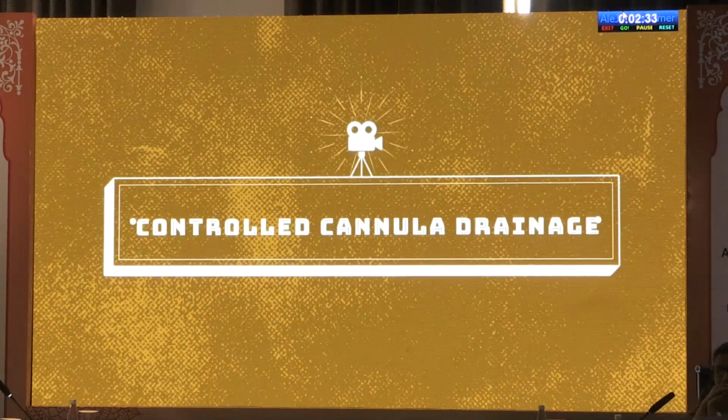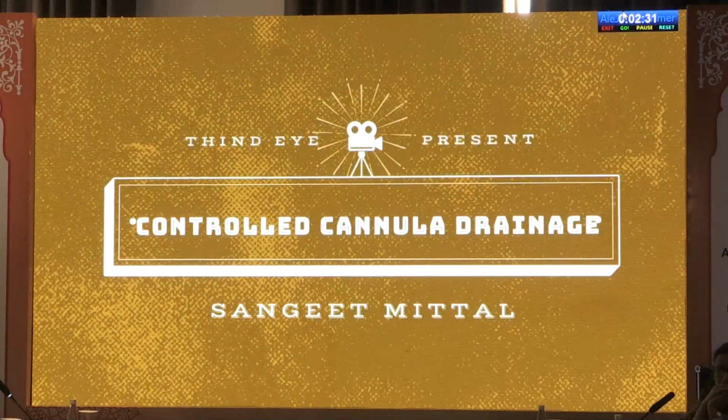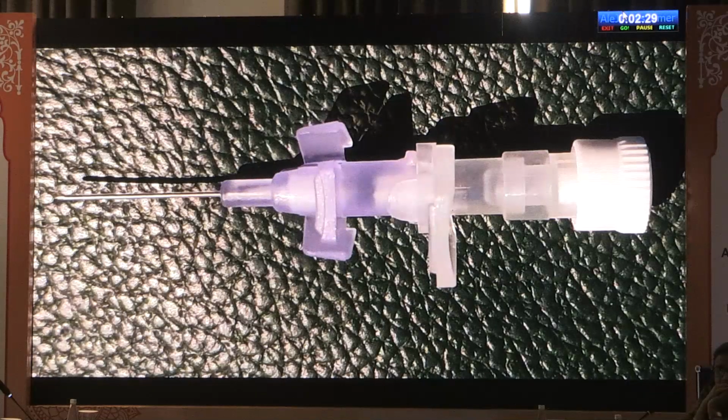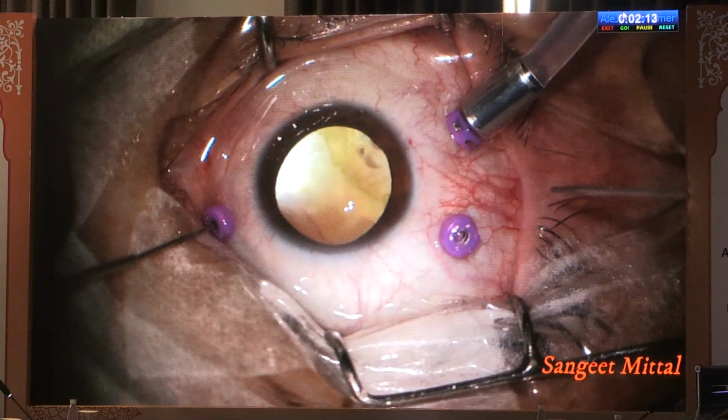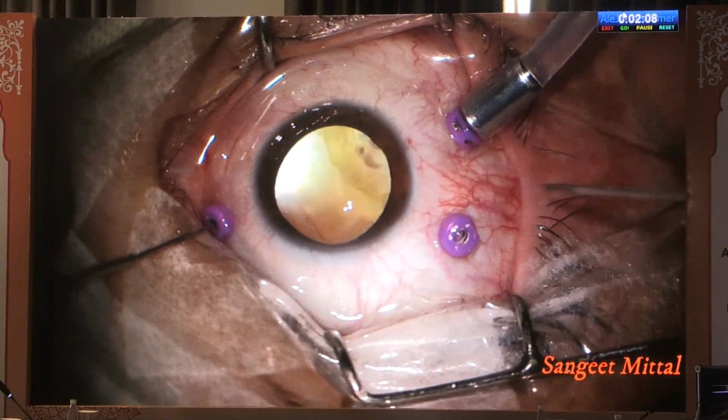So this is another video. This is another way of draining a choroidal detachment. I use this 26 gauge IV catheter to drain these choroidal detachments. Here is how it works. This was a patient with a bullous retinal detachment, just to show how this technique works.